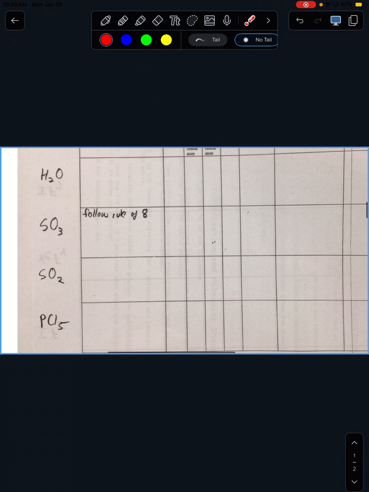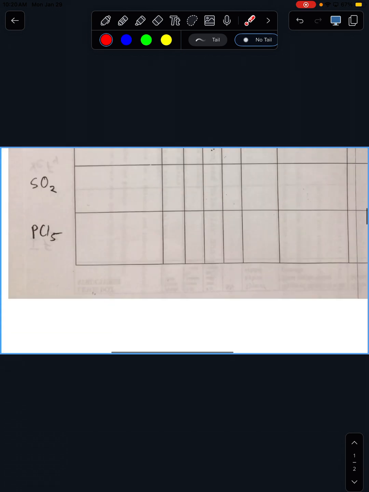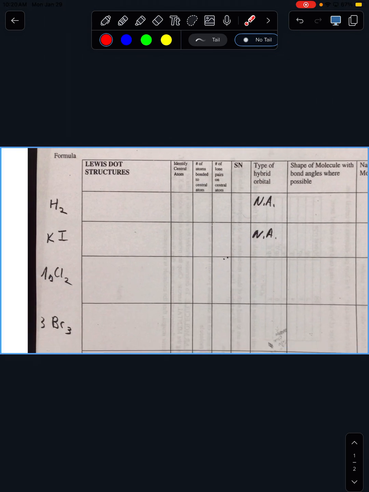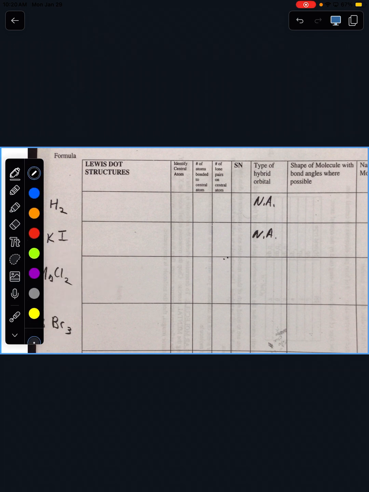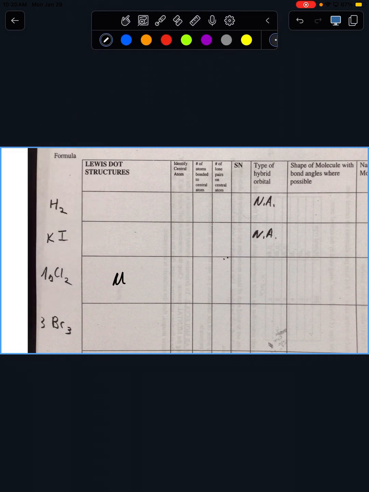So actually, let's do... Which one do I want to do? Let's just do magnesium chloride. We'll start with that one. So magnesium goes in the center.